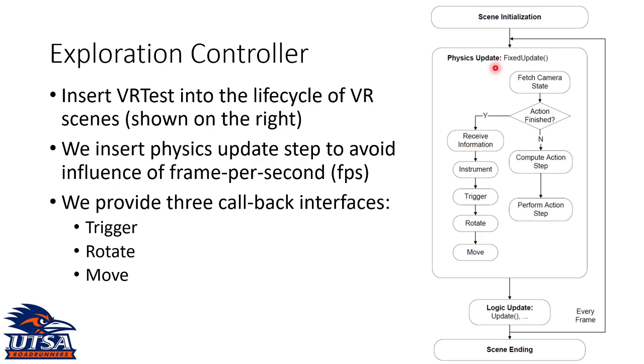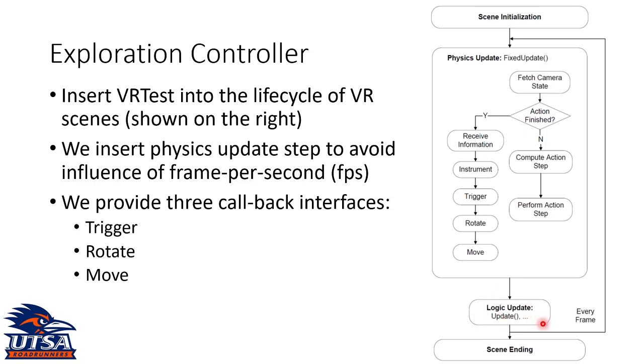That is executed every 0.02 seconds, basically 50 times per second. And then the logic updates are executed based on the FPS. Typically the code of the VR application goes here.